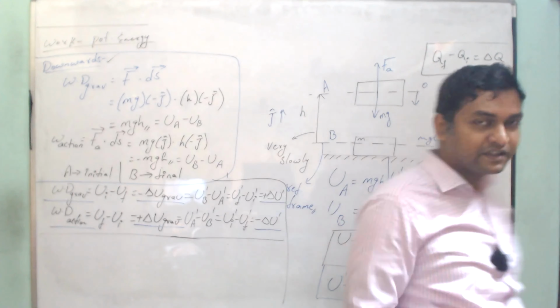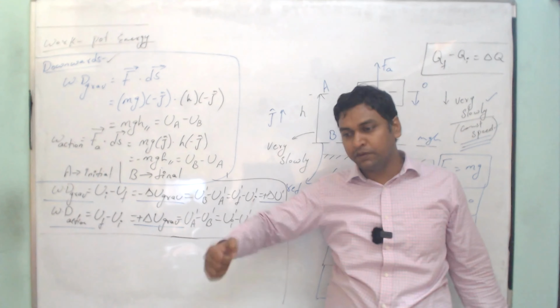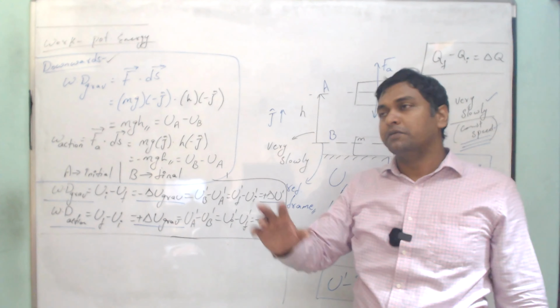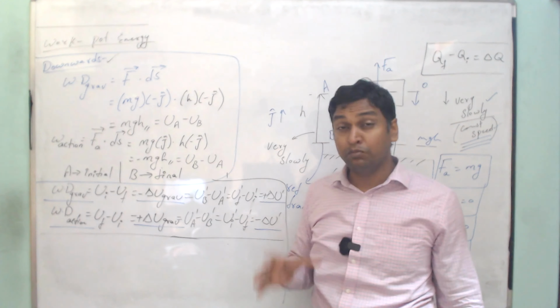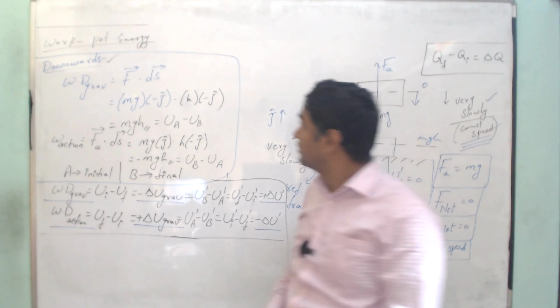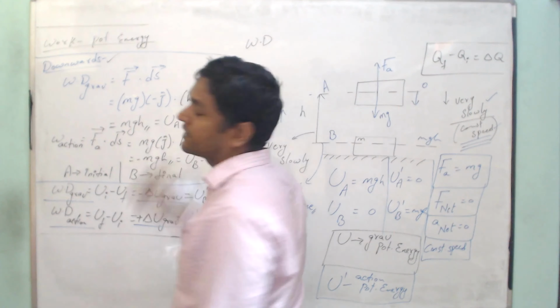So the entire format through which we have come here is keeping every small thing into account. I will revise the entire thing, but the final thing that I want you to remember forever is that work done is always due to a force in mechanics.